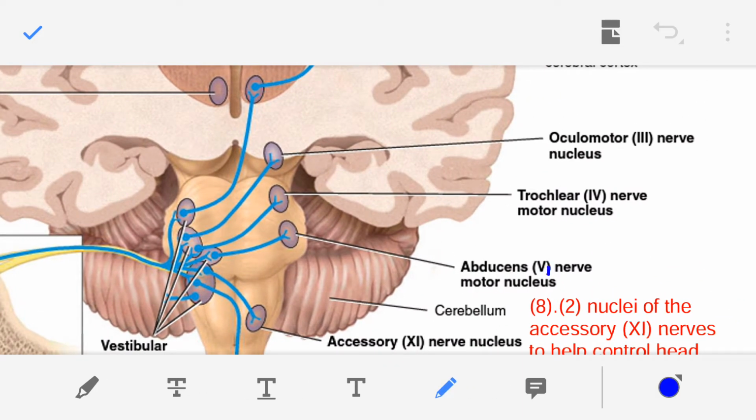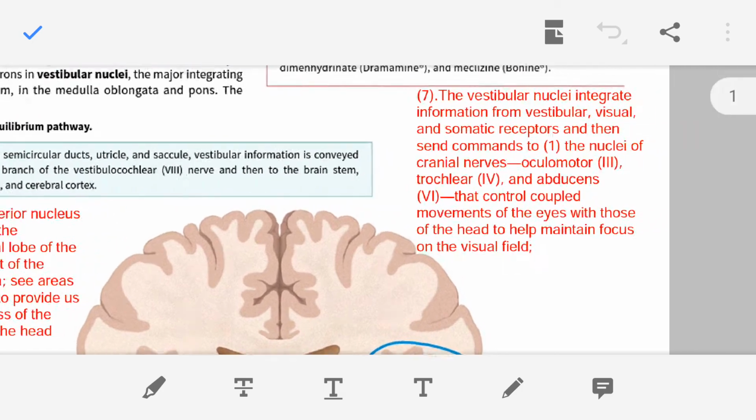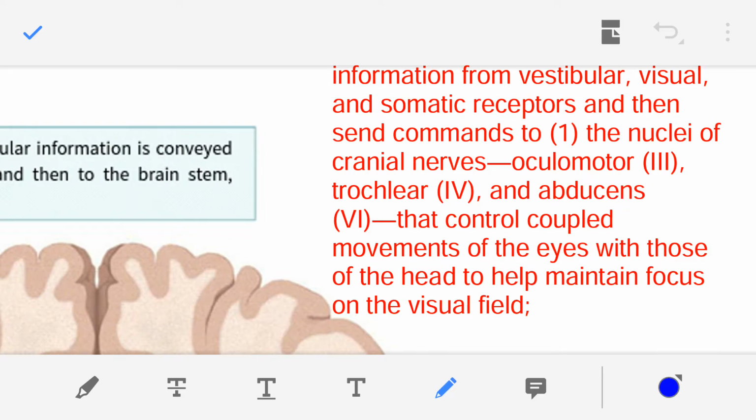This is number 6. All these nuclei, oculomotor, abducens and trochlear, control coupled movement of the eye along with the head, and by that they help to maintain focus on the visual field.